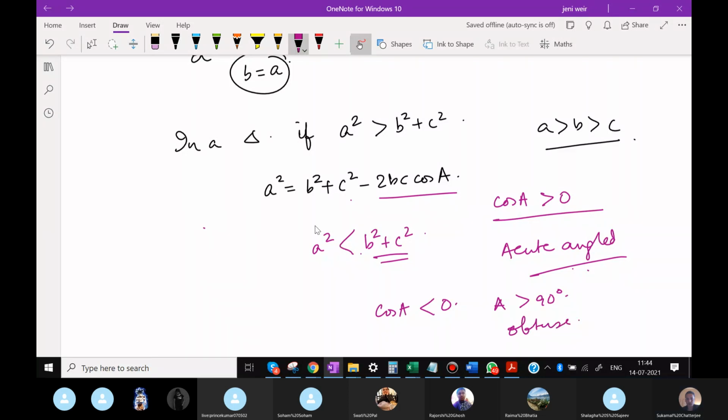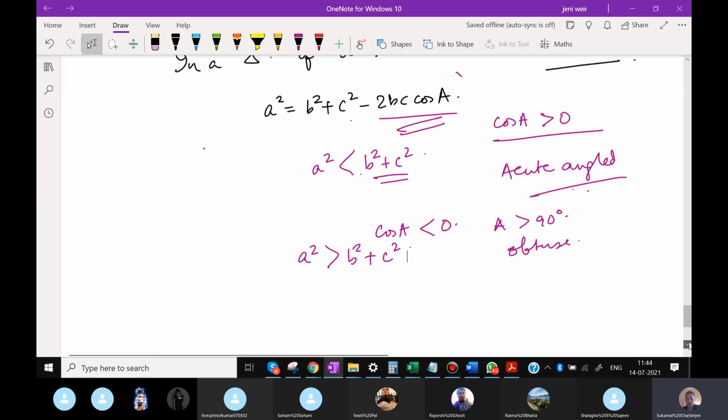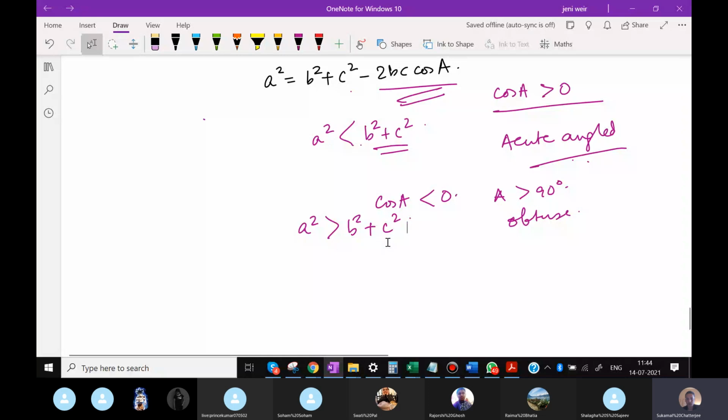Then a square becomes equal to b square plus c square plus 2bc cos a. Cos a being negative means this part will become positive. So then a square will be greater than b square plus c square, which means in an obtuse angle triangle, the square of the largest side is greater than the sum of the squares of the other two sides.